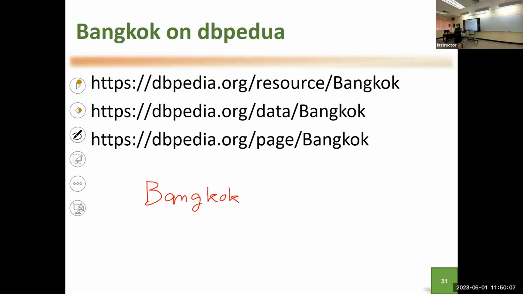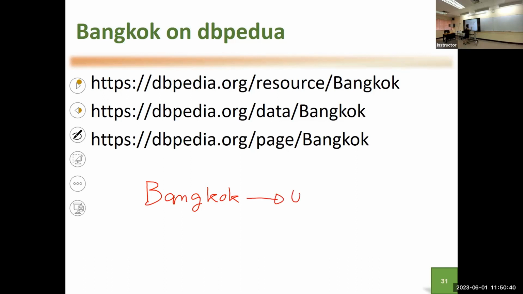The very top-most concept that everything belongs to is just that it is a thing. But you can classify further that that thing is a country, a person, an organization, a place, and so on. Apart from further classification, everything that we want to describe on the semantic web is a thing. So Bangkok is definitely a thing.